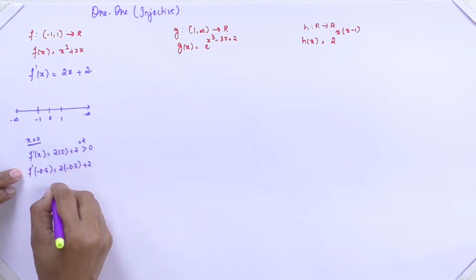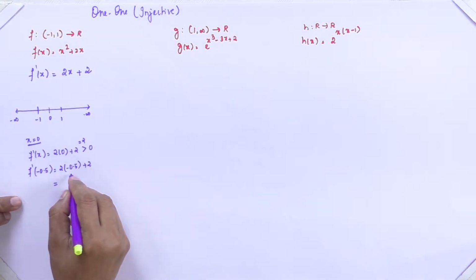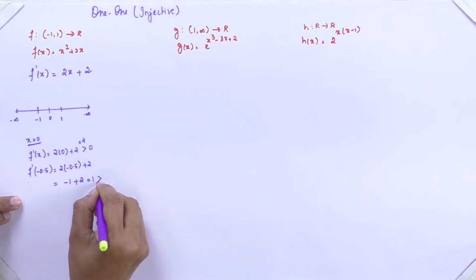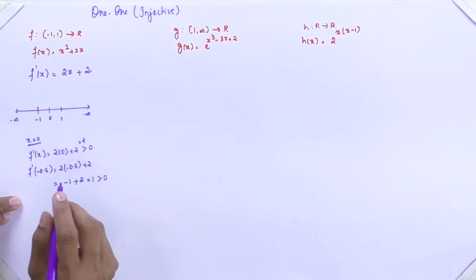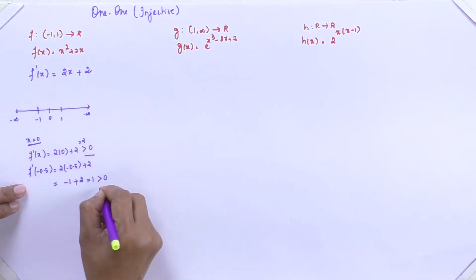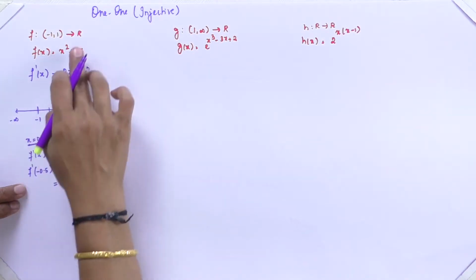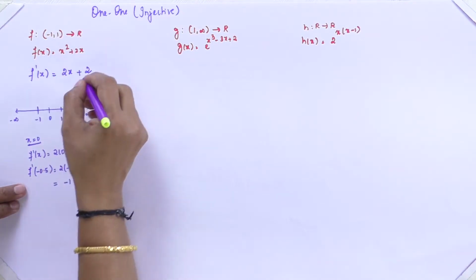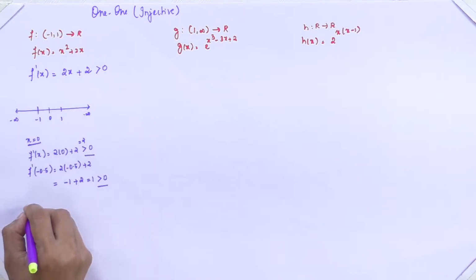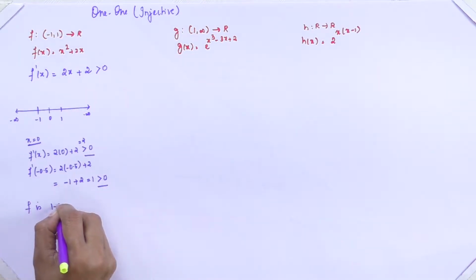So 2 into -0.5 is -1, plus 2, which is equal to 1, again greater than 0. So within this range, everything I get is greater than 0. Therefore the function f is said to be a 1-to-1 function.